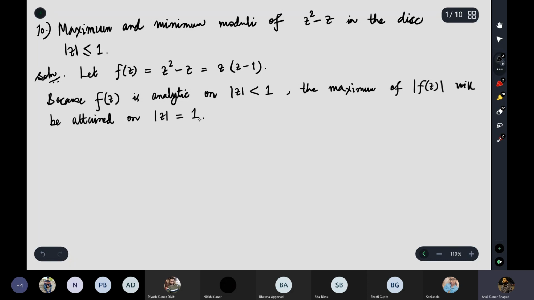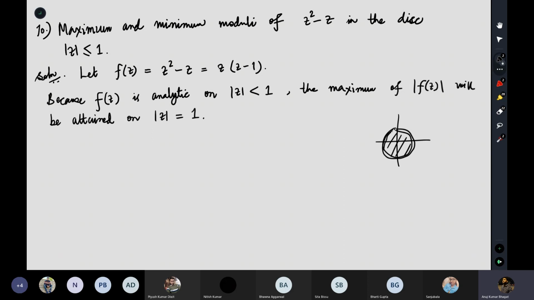What does the maximum modulus principle say? It says that the maximum value of modulus of f(z) will be attained on the boundary. Here the domain is the unit disk, along with the boundary and the interior. By the maximum modulus principle, the maximum can be achieved only on the unit circle, not in the interior.